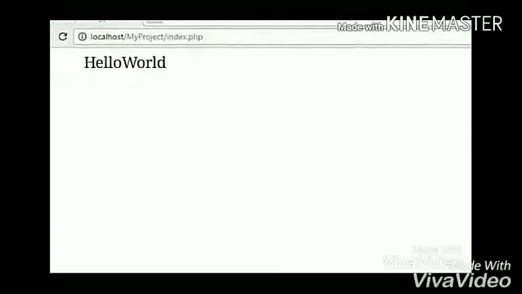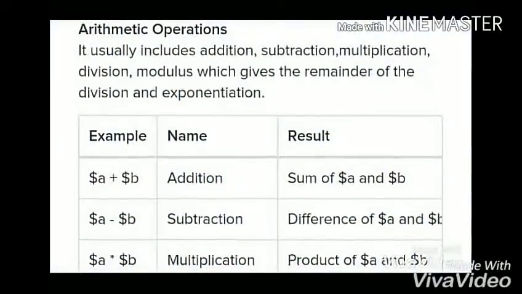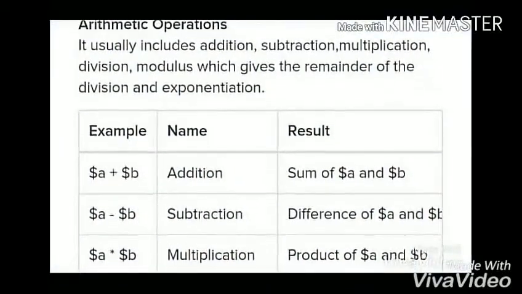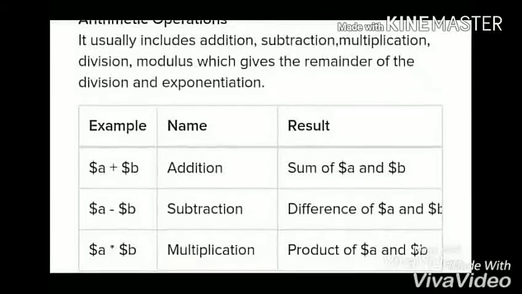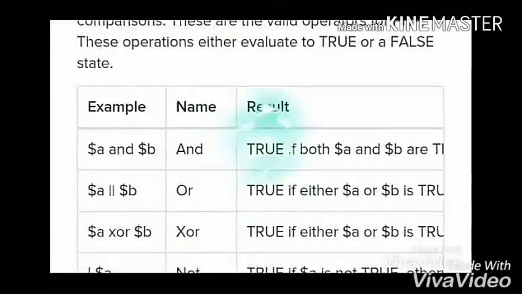To add space in between the two strings, we can add a space before world, perform concatenation and observe the output. You can also perform any number of logical or relational or bitwise or comparison or assignment operations on these variables.